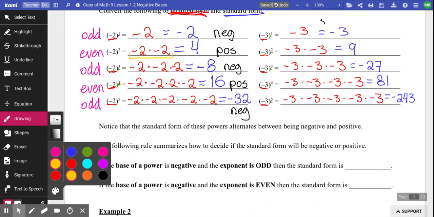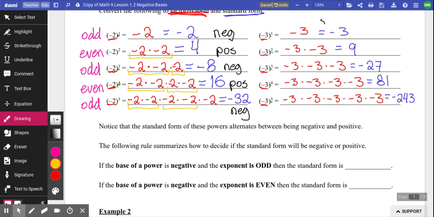But if you have an odd number, a negative and a negative makes a positive, but then you'd have a positive number times a negative number. There's one negative left over. Every time you have an even number, the negative gets erased because the negatives always have another negative to multiply with. With an odd number, there's always one negative left over, which turns the whole thing negative.